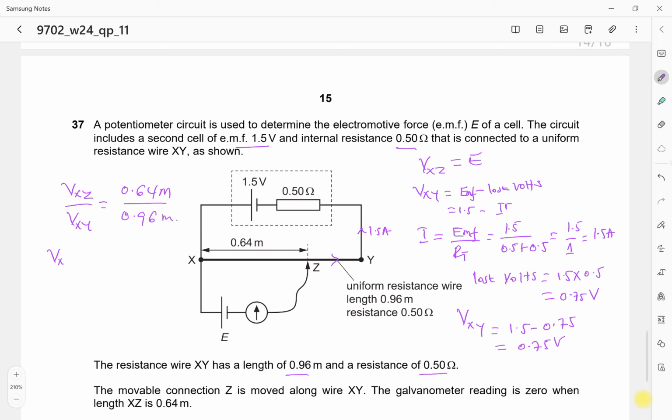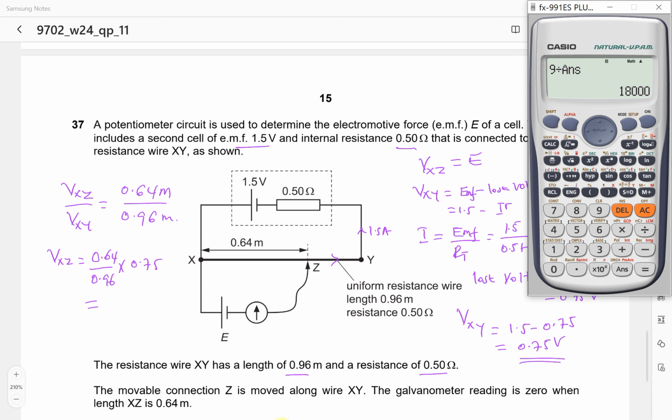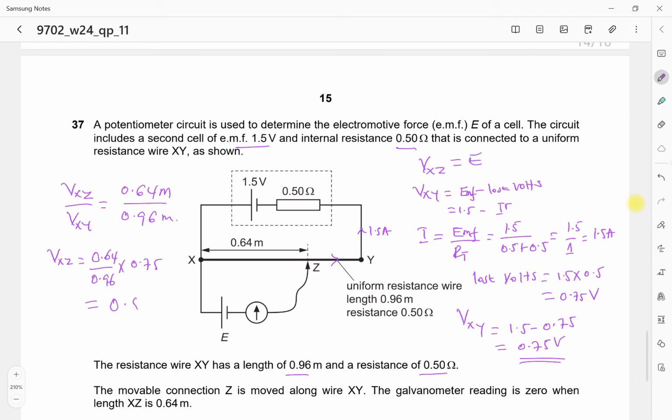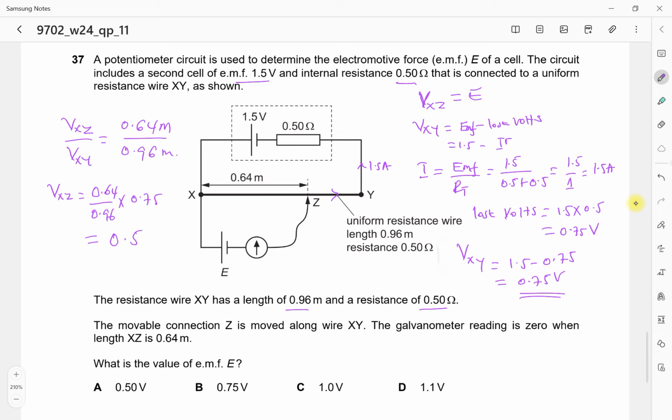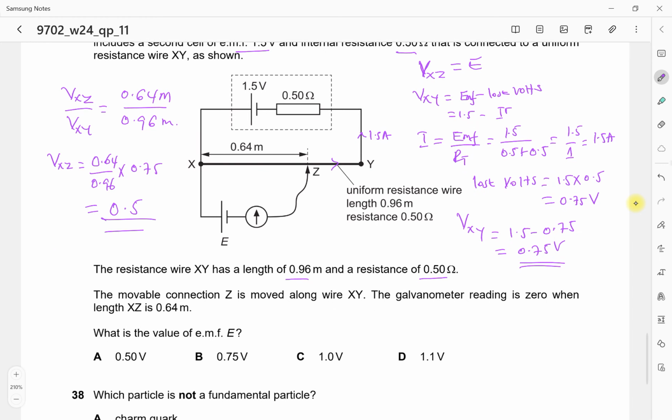So the PD across XZ is 0.64 divided by 0.96 times 0.75, which is 0.5. Remember I said the PD across XZ is the same as the EMF E, not the EMF of the driver cell. So the answer is 0.5, which makes the answer A.